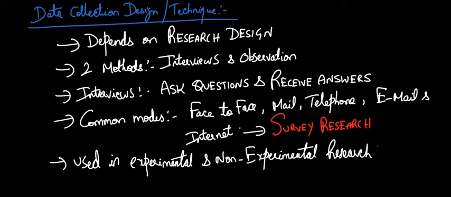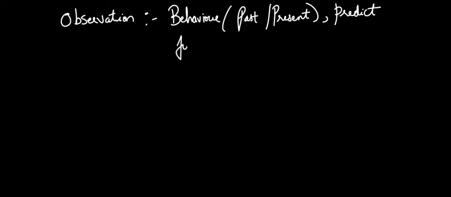The second type of collecting data is observation, in which you see the behavior, which may be past or present behavior, and through that you can predict the future purchasing decisions of the consumer.